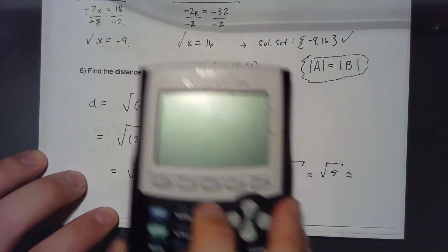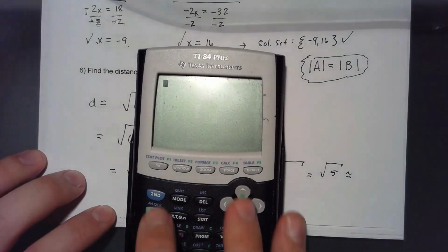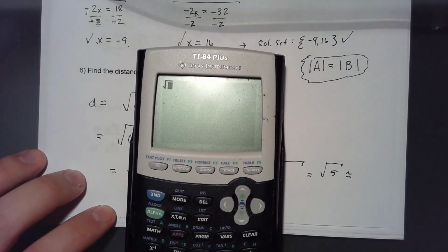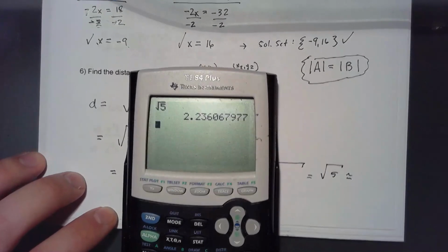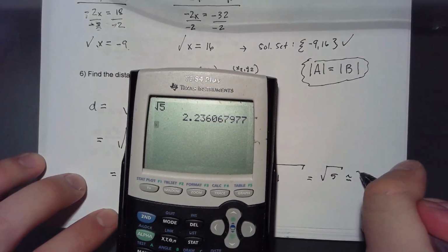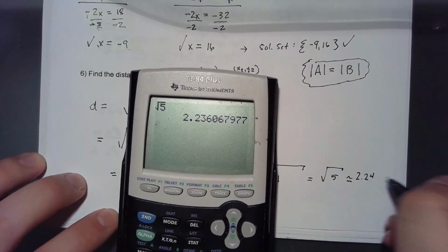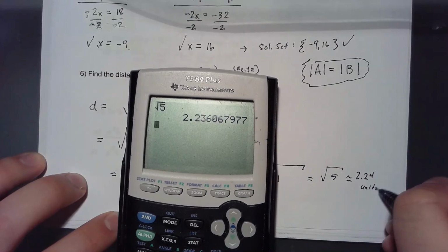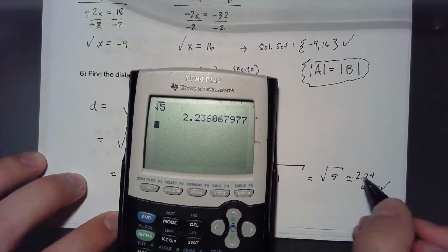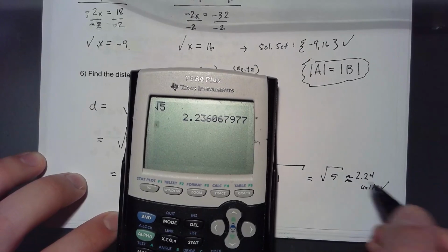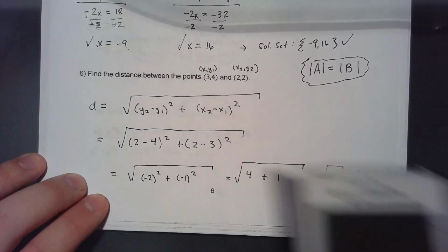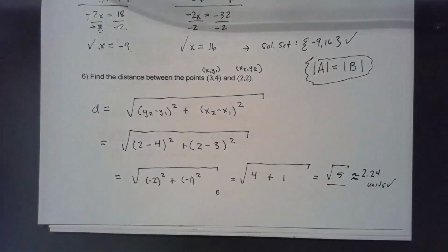If you approximate that in your calculator, second square root 5, that's roughly 2.24 units, roughly. That's why I put an approximate here. But you could just leave it like that or approximate it if I tell you. But that's the distance. And that's it.